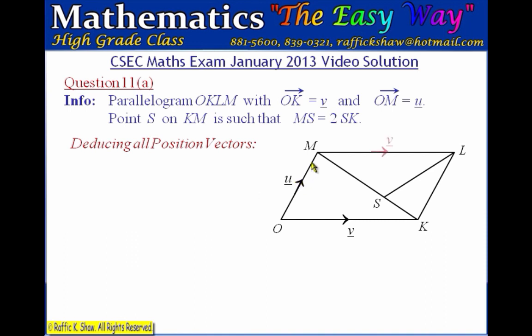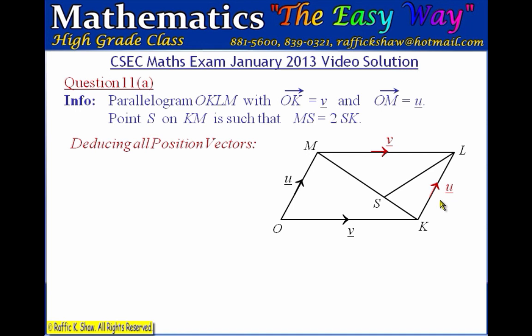The length and direction of ML is the same as the length and direction of OK, and therefore the vector ML is equal to the vector OK, which was given as V. Similarly, KL is equal in length and has the same direction as OM, and therefore the vector KL is equal to U.